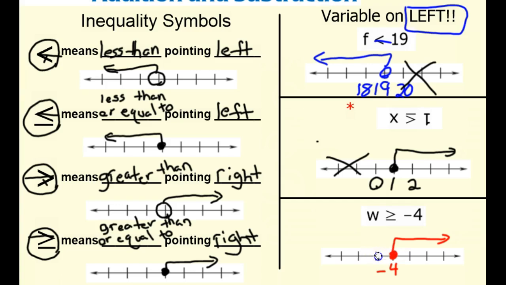What goes on the left side of the -4 has to be smaller than -4. And if we remember, -5 is one less than -4. That means -3 is greater than -4 because it's closer to 0. So anything that is either -4 or greater than -4 would answer this problem.